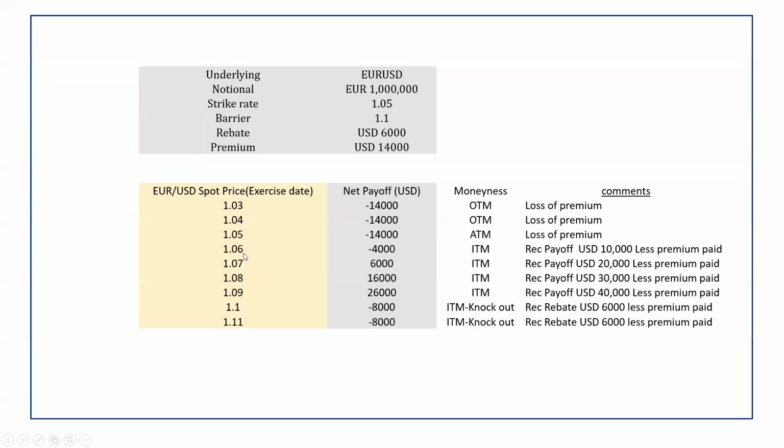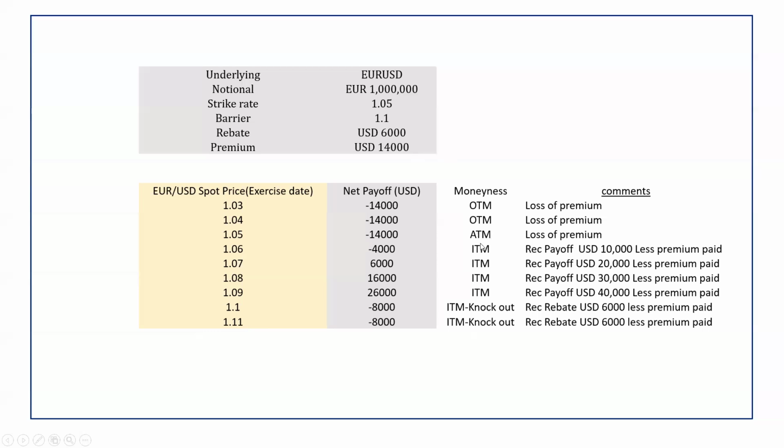Now, assuming it goes to 1.06 on the expiry date, we are in a gain of 1 cent into 1 million, which translates into $10,000. So we receive a payoff of 10,000 and we have paid 14,000 as a premium, so we have a loss of 4,000.